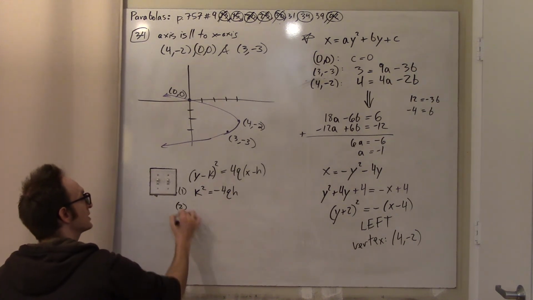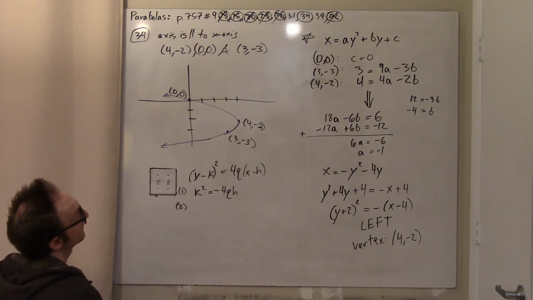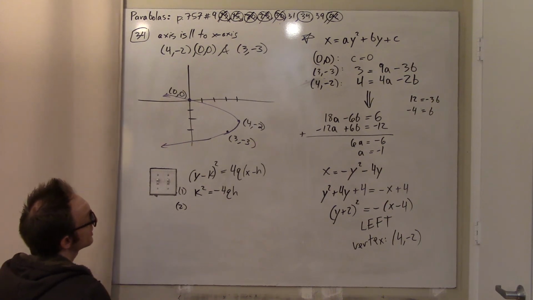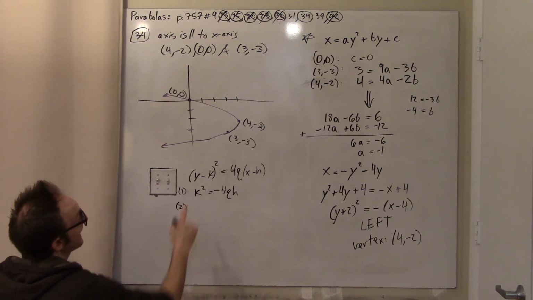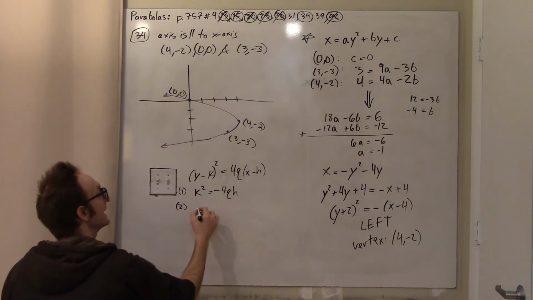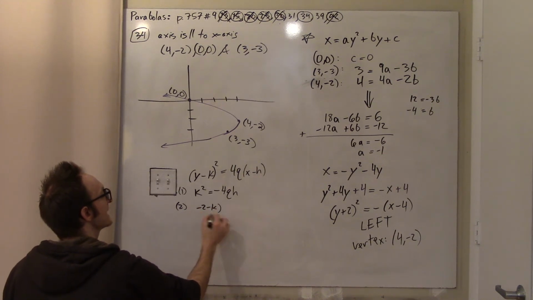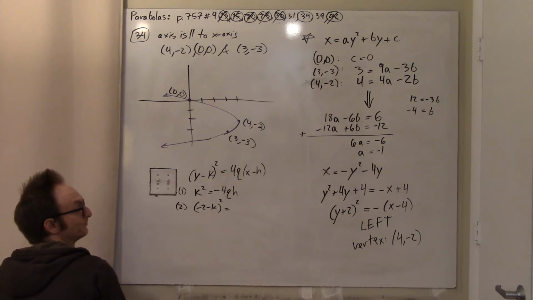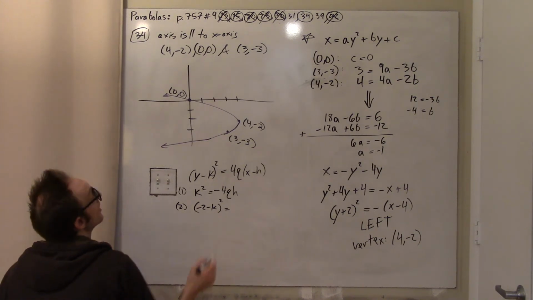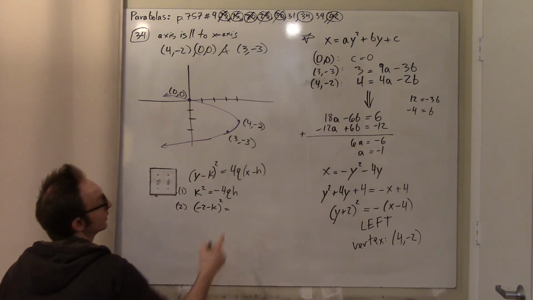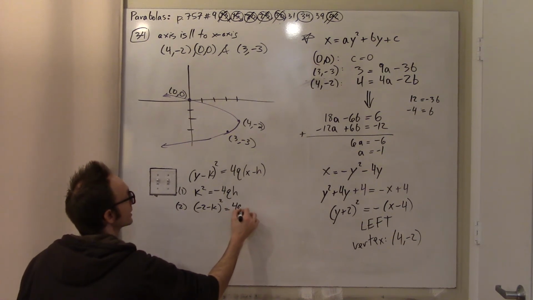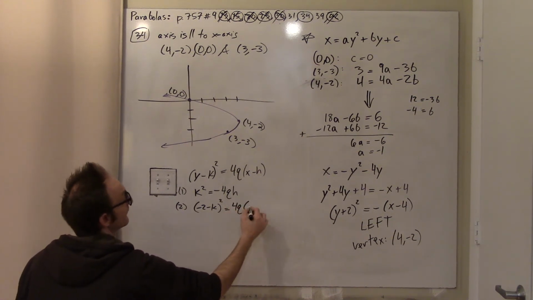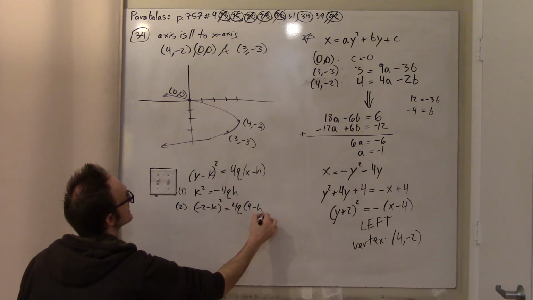My second equation is what happens when I plug in 4, negative 2: negative 2 minus k squared equals 4q times (4 minus h).